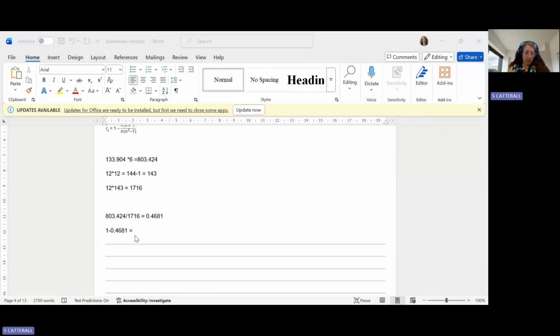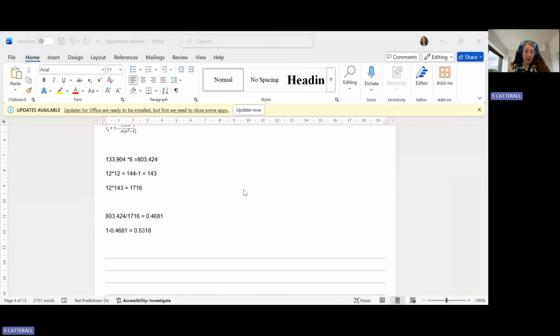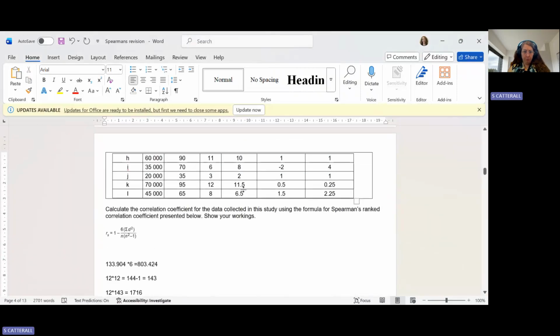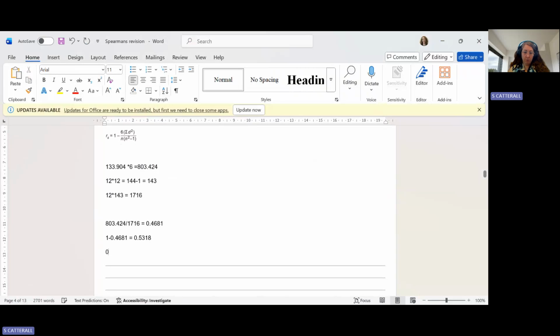So let's see if we can put this in memory. Got 1 minus that. So it should be 0.5318. And then usually a coefficient is 2 numbers, so we've got 5, 3. Let's see if this is right. I hope it is because that took forever. So we've got 0.517.